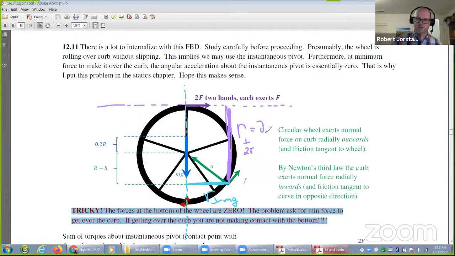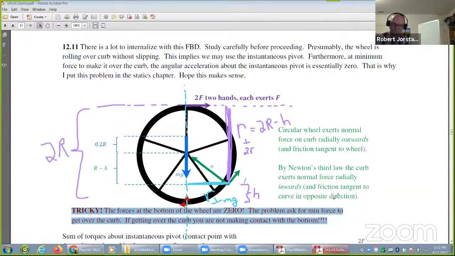Everybody see that this one is 2R minus little h? I know the total distance right here is 2R. I know that this distance right here in the picture of the problem was h. I'm going to pause there. Does that make sense? Or am I losing you?